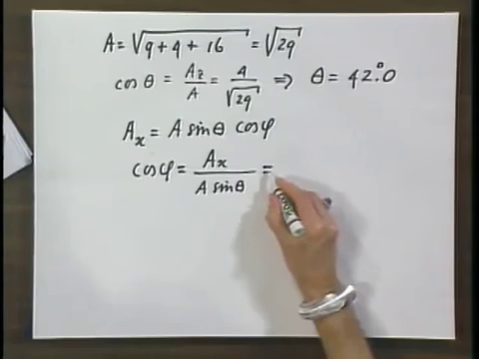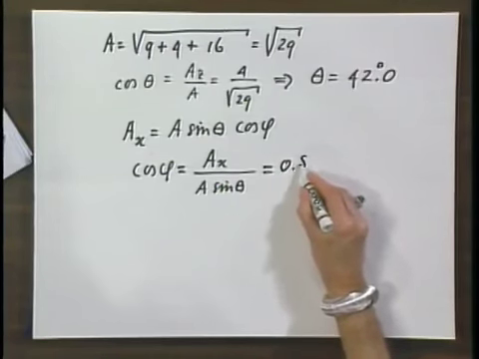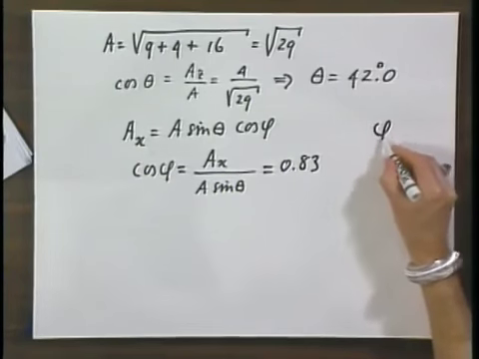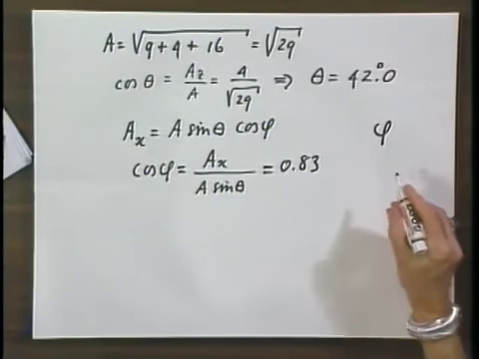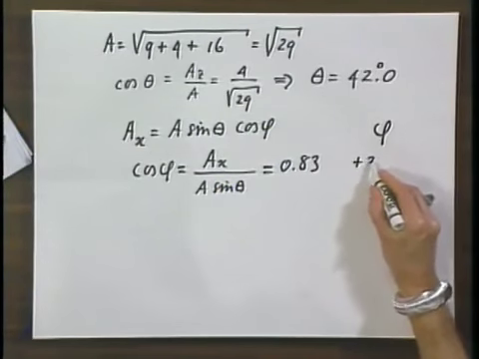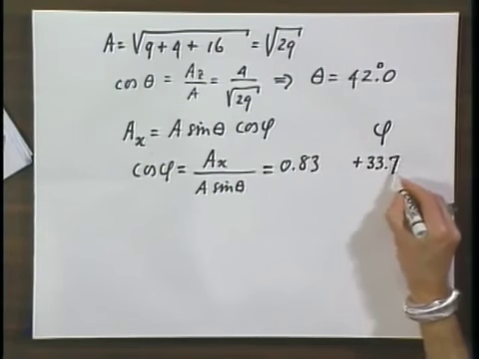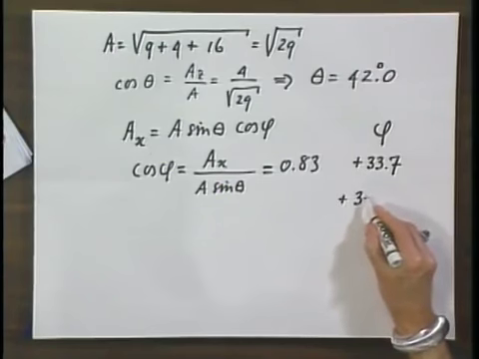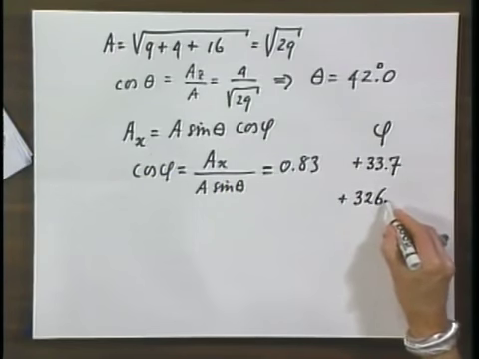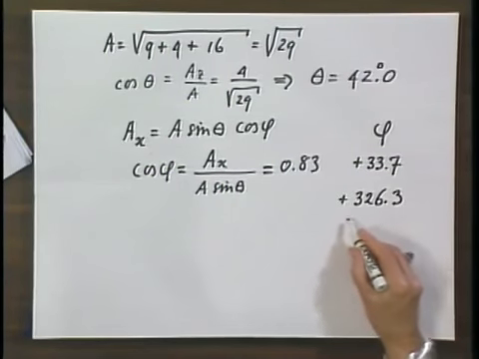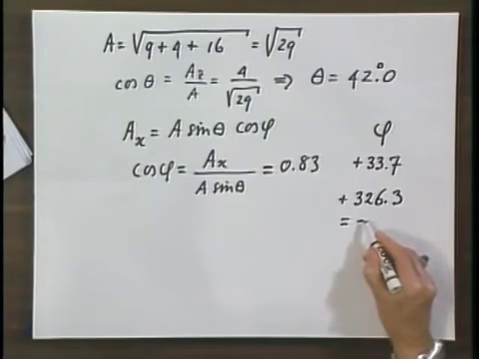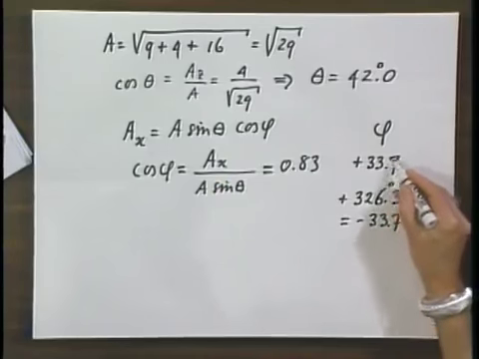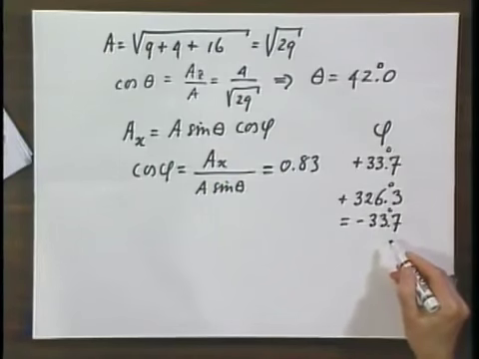So I found this to be 0.83. You may want to check that. And that leaves me then with two choices for phi. I find plus 33.7 degrees, and I find plus 326.3 degrees, which of course is the same as minus 33.7 degrees. That's just a matter of taste.